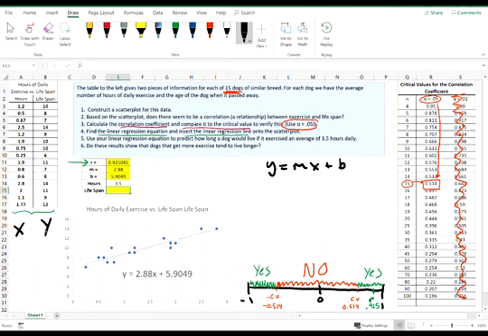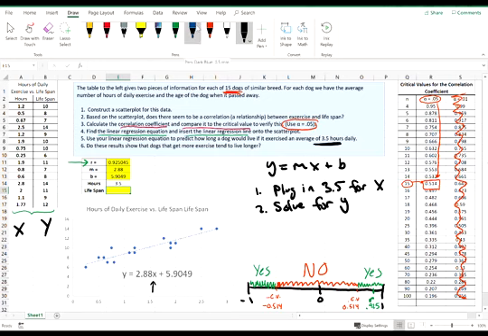So basically we plug in 3.5 for x and solve for y. That's what number 5 is telling us to do. If we're given an x value, which is 3.5 hours, what is the y value, which is the life expectancy? We just need to plug in a 3.5 for that x right there.